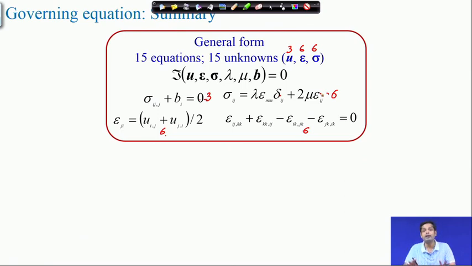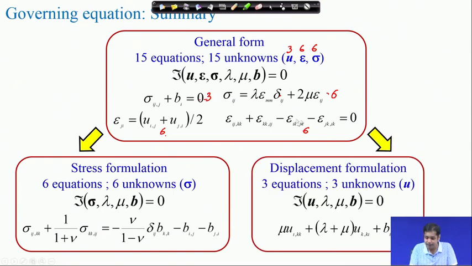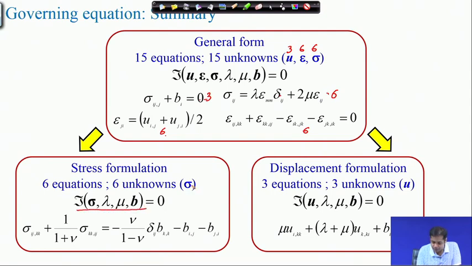So, this is for the very general form, but these 15 cannot really be independent, because we found that some relations can be established between these equations, and we can combine them and reduce the number of equations, and that we did. Then we have the stress formulation, where we combined the equilibrium condition, the compatibility condition, and the constitutive relation, and eventually the equation we have is this, where sigma is the unknown.